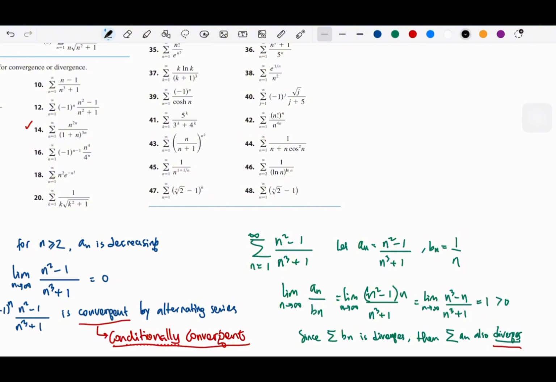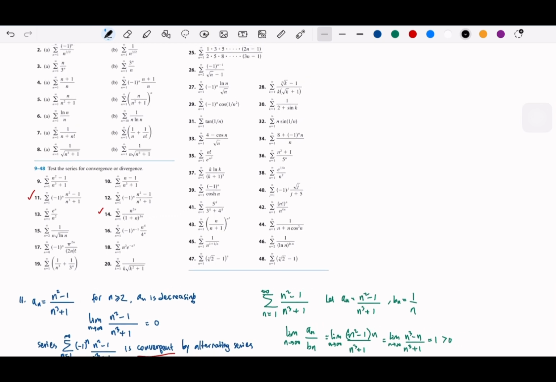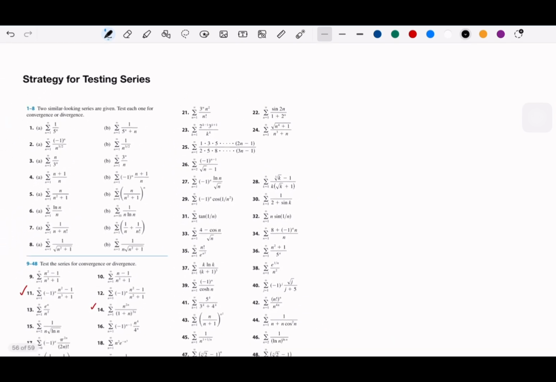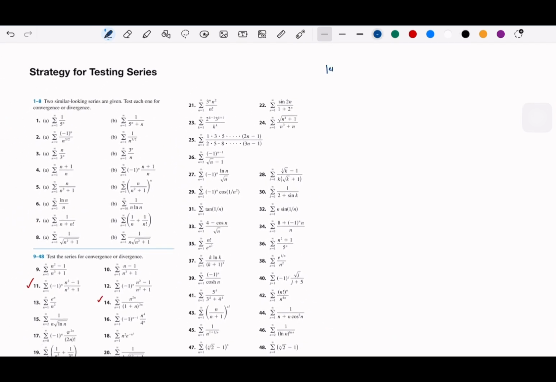Okay, so number 14, we take the root test. Let me write here, number 14, up here.